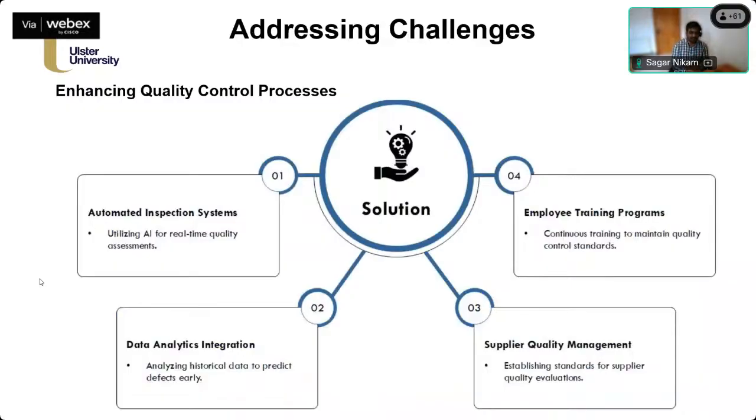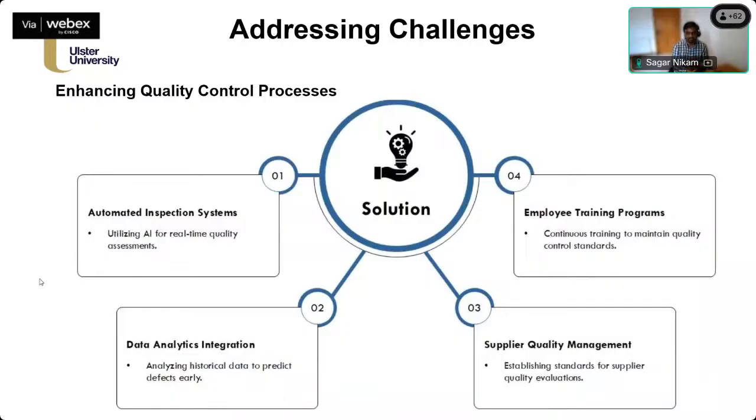So in smart manufacturing, you may come across this word real-time everywhere. Unless we say real-time, it won't feel like smart manufacturing. The second aspect is data analytics. As we are capturing the data, it is necessary to realize that industries have been manufacturing products for decades, but they don't know the importance of their own data.